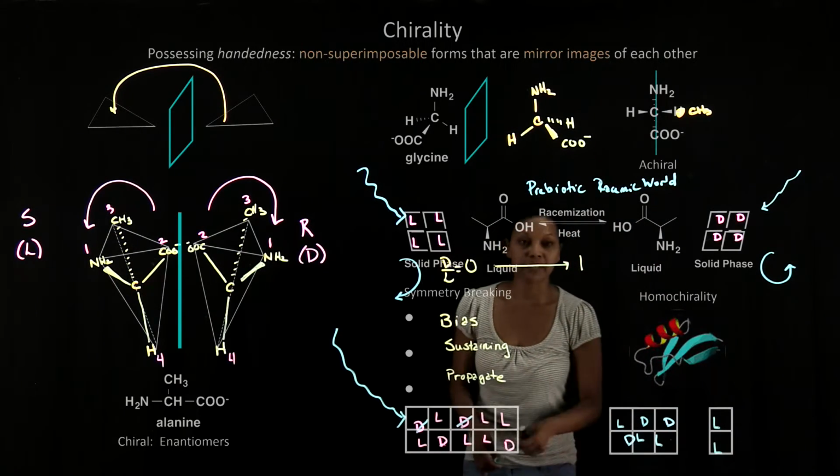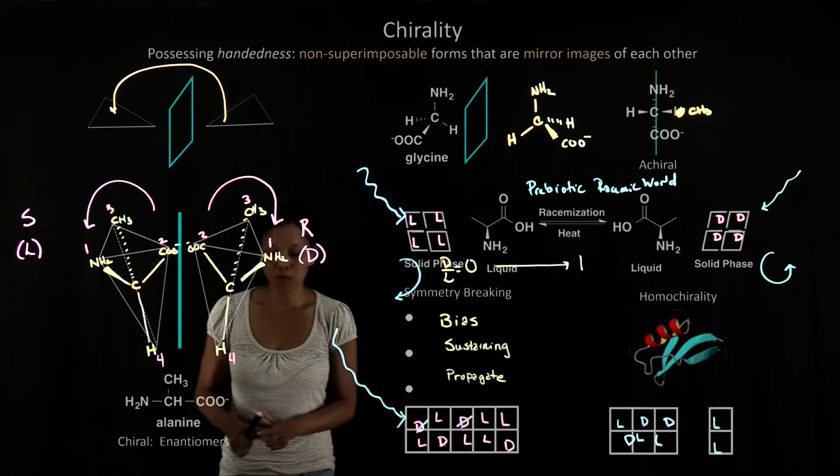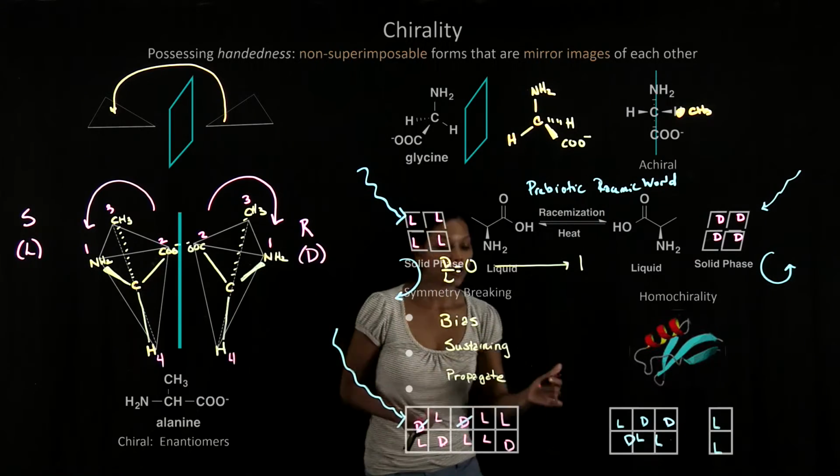And so we kind of have an enantiomer enrichment mechanism for how homochirality could have evolved, or a homochiral pool could have evolved.